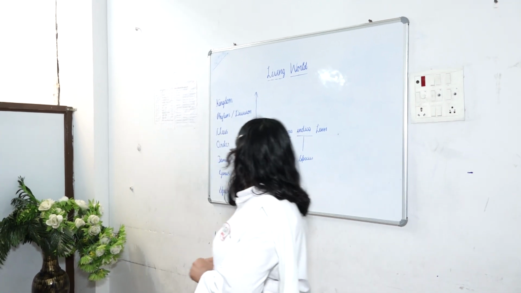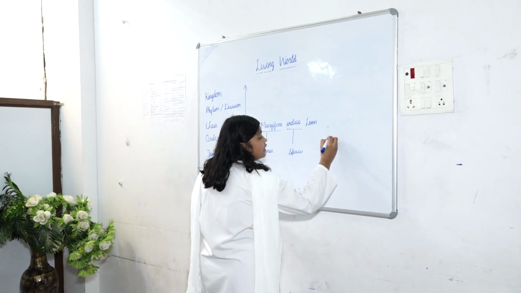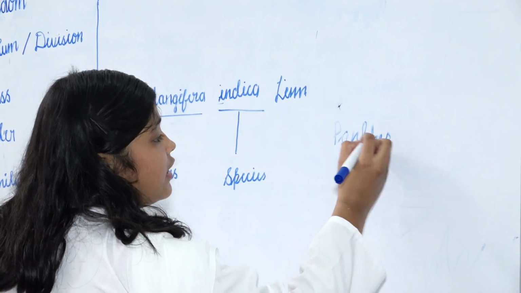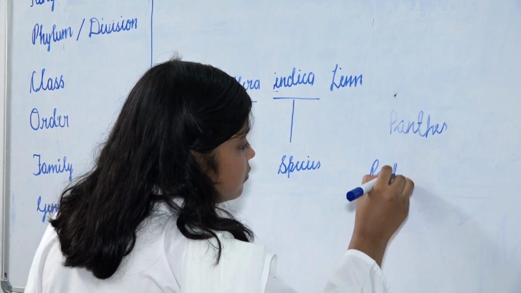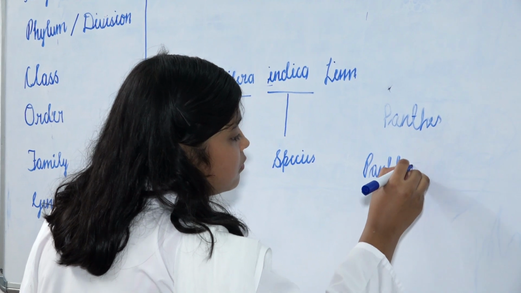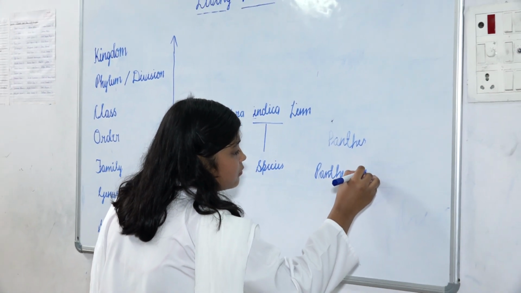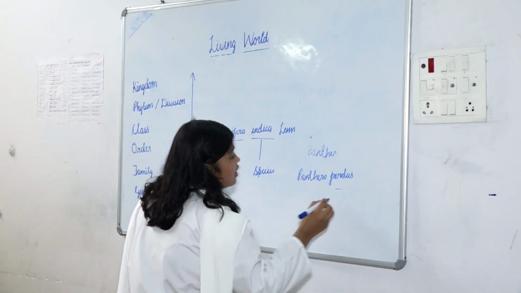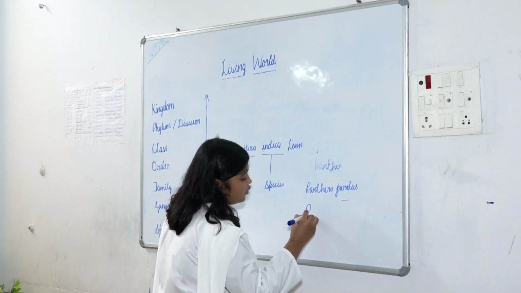The scientific name of the panther is Panthera pardus. The scientific name of the lion is Panthera leo.